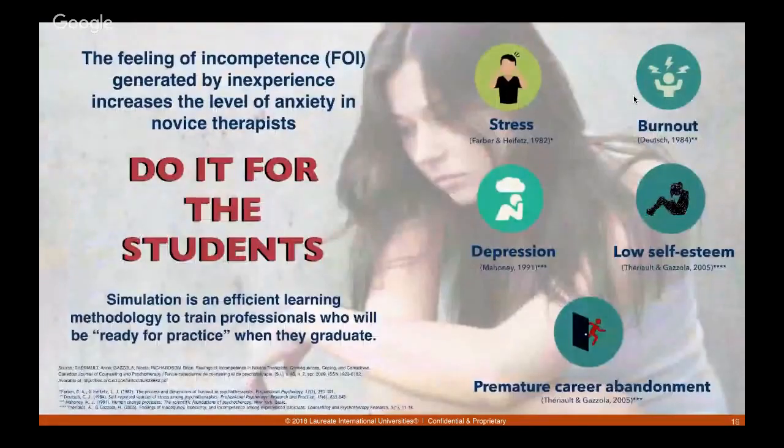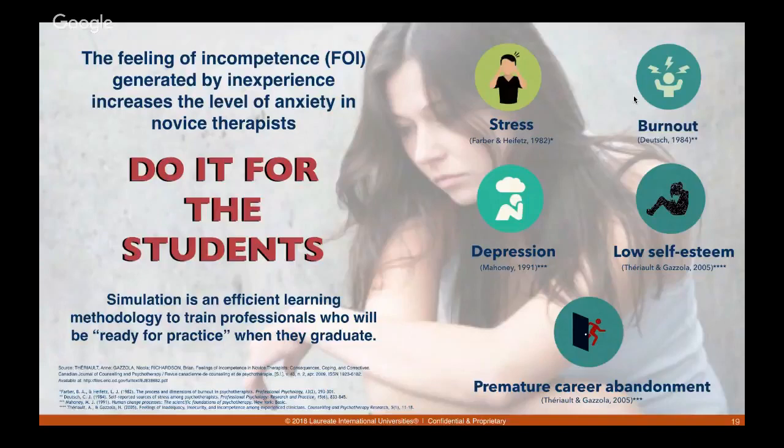But we also need to do it for our students, okay? The same Canadian study shows that the feeling of incompetence increases the level of anxiety in novice therapists, and they experience stress, burnout, depression, low self-esteem, and premature career abandonment.